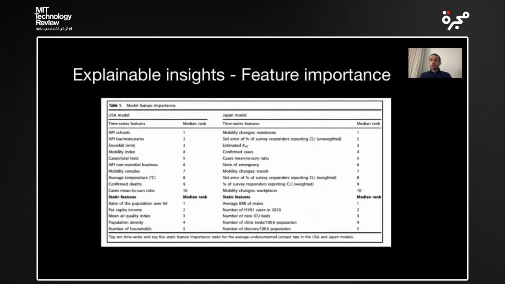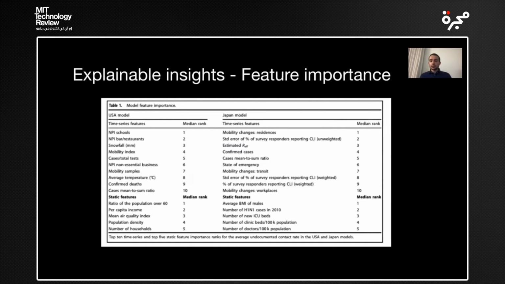Another explainable insight capability is getting ideas on which features are the most important ones. This gives a strong understanding of disease dynamics. So here we show the example for disease spreading, the amount of susceptible people getting infected. And for disease spreading, we see that the most important features for the US include school interventions and bar and restaurant interventions.